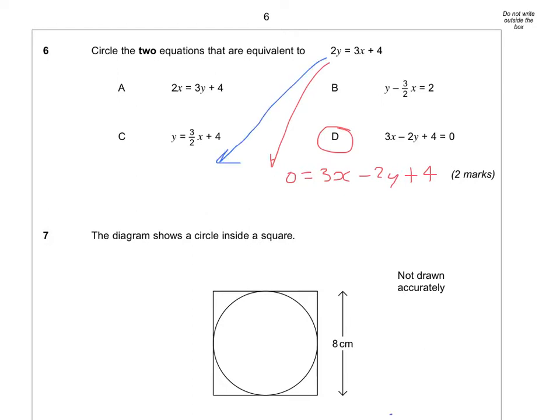If we then divide both sides by 2, we then get y equals 3 over 2x plus 2, and then subtract the 3 over 2x from both sides, we'll get y, take away 3 over 2x equals 2, which is B. So the answers are B and D.